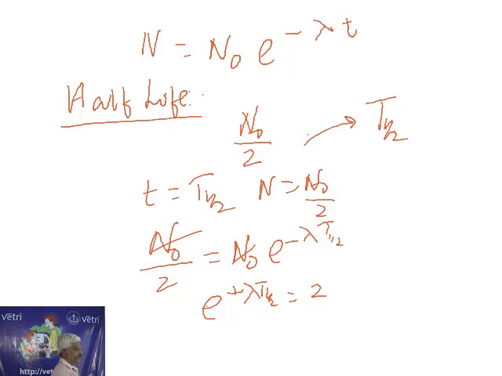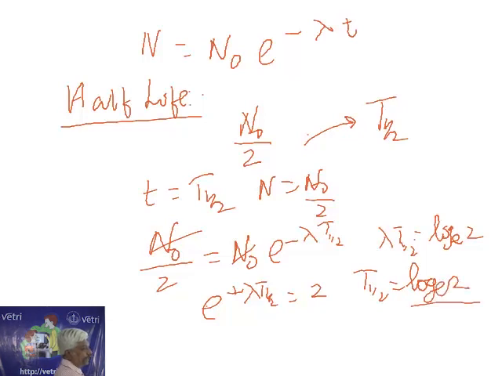Taking logarithm, therefore lambda T half is equal to log to the base e of 2, or T half is equal to log to the base e of 2 divided by lambda. This is the formula for half-life. But we know the exponential value lies between 2 and 3.